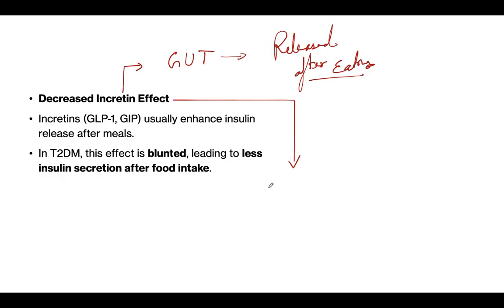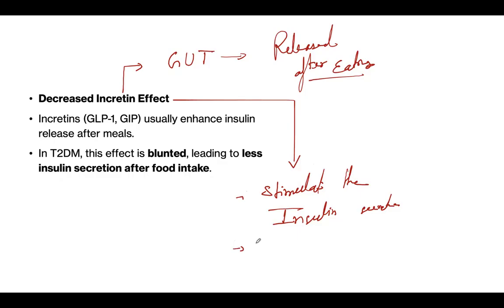It stimulates insulin secretion. Whenever we eat, carbohydrate is converted into glucose, so to reduce the amount of glucose, the gut hormone is released, which stimulates insulin secretion.